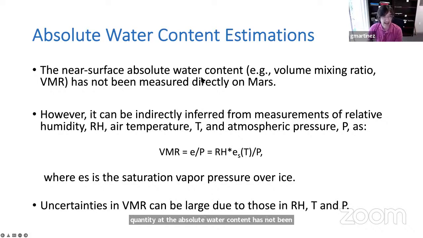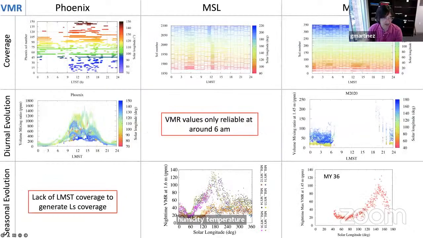We are estimating it from relative humidity and temperature measurements. This is important because uncertainties in the derived VMR values might be large due to propagated uncertainties in relative humidity, temperature, and pressure. This is what I'm going to show in this figure.